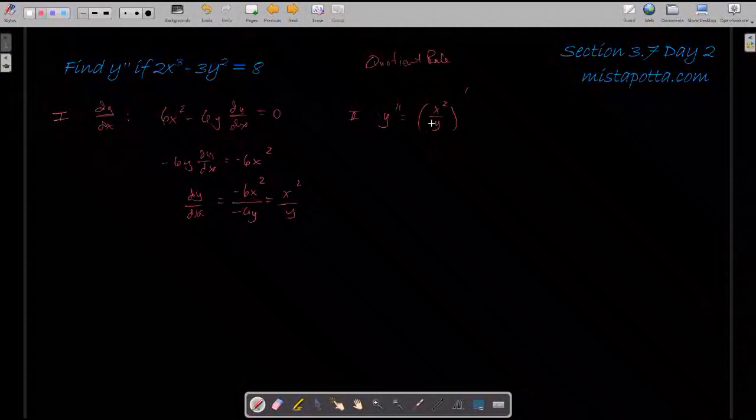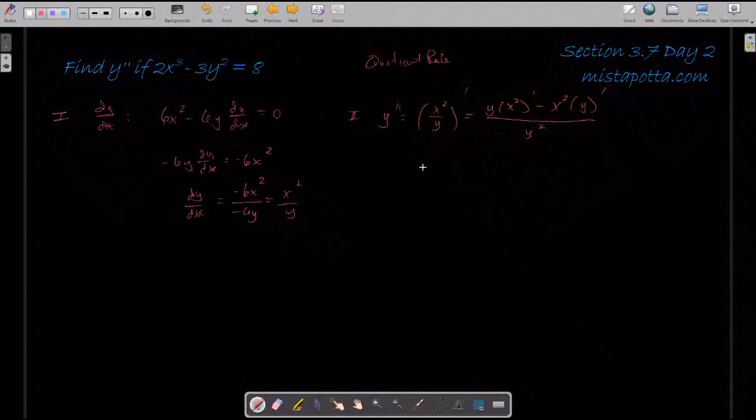So what I'm going to get over here is the denominator times the derivative of the numerator minus my numerator times the derivative of my denominator over my denominator squared.